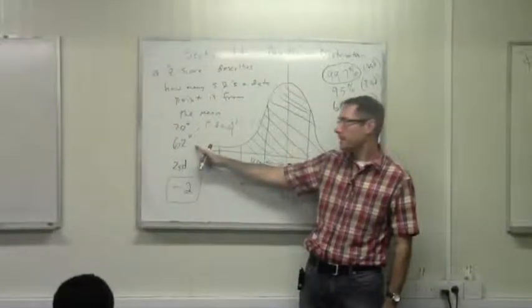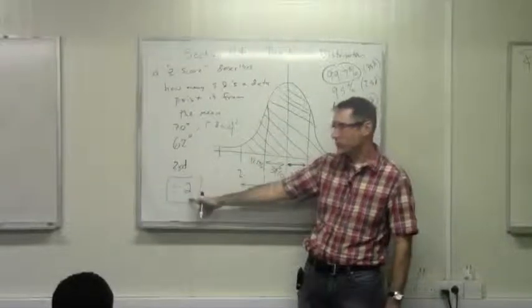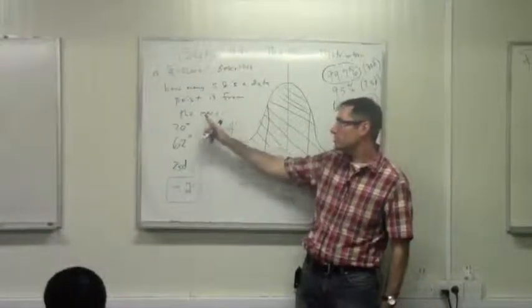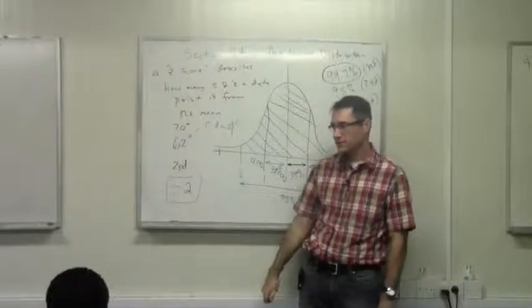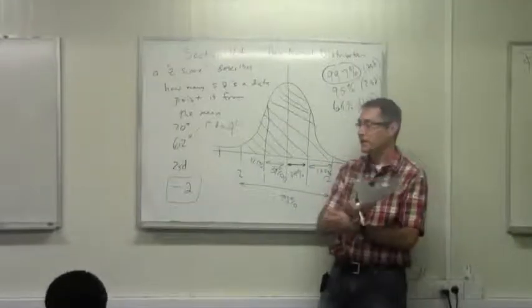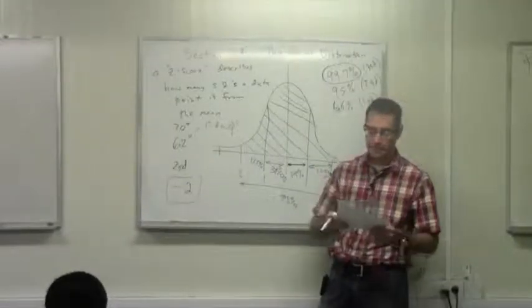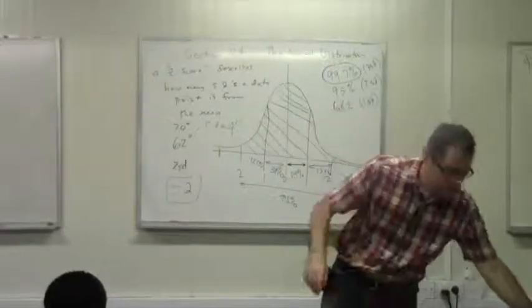Right? 62 inches has a z-score of -2 because it's 2 standard deviations below the mean. So when I say 2 standard deviations below the mean, you want the negative. So I want the -2 value, yeah. Not percentile. No, not percentile. We'll get to that. Okay, I'm going to erase this thing because it's taking up too much space.